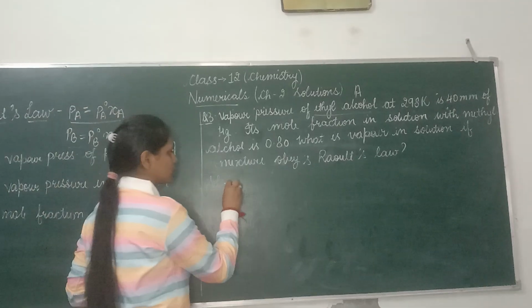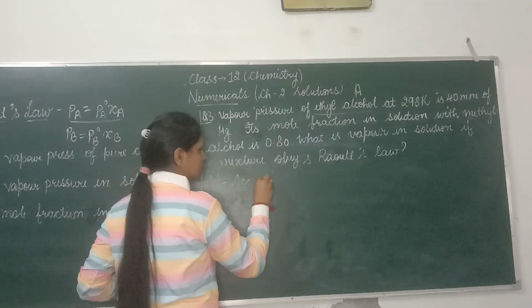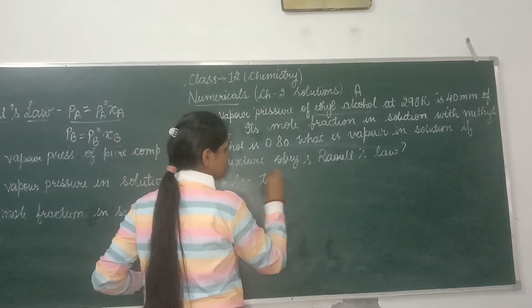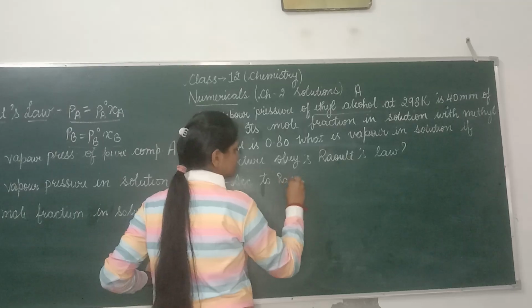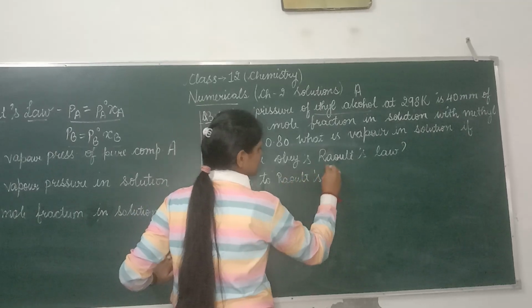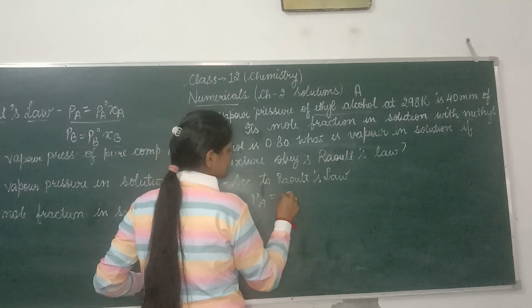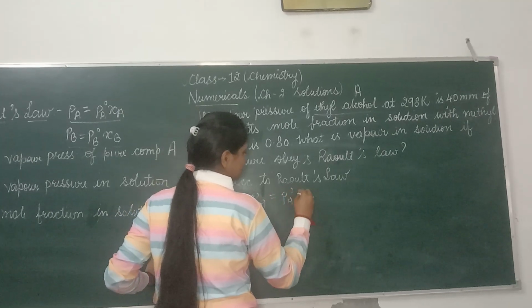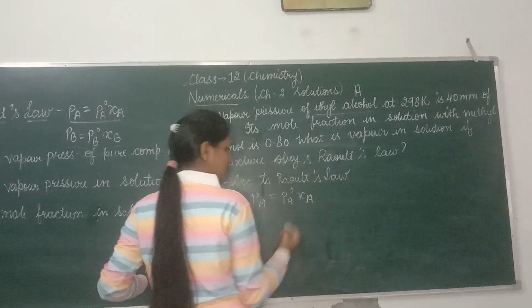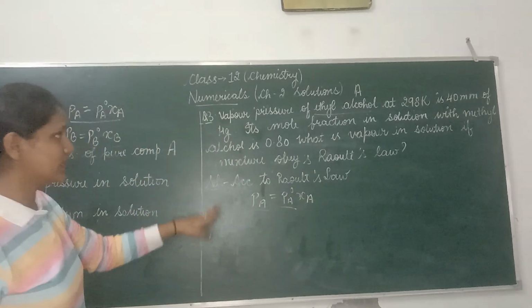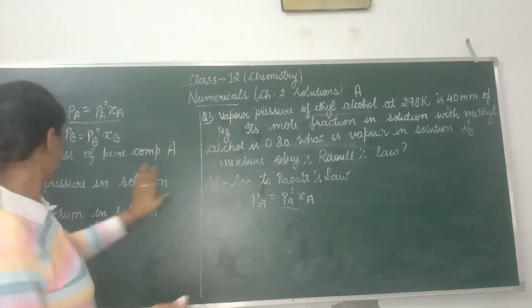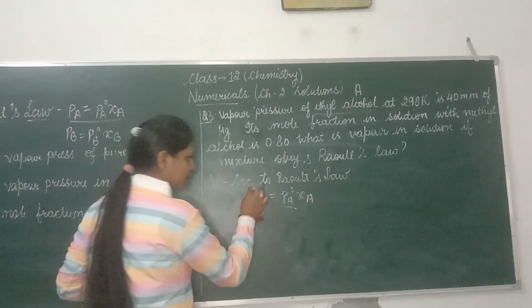So according to Raoult's law, PA is equal to PA naught multiplied by XA. We have to calculate the vapor pressure in the solution, this PA.